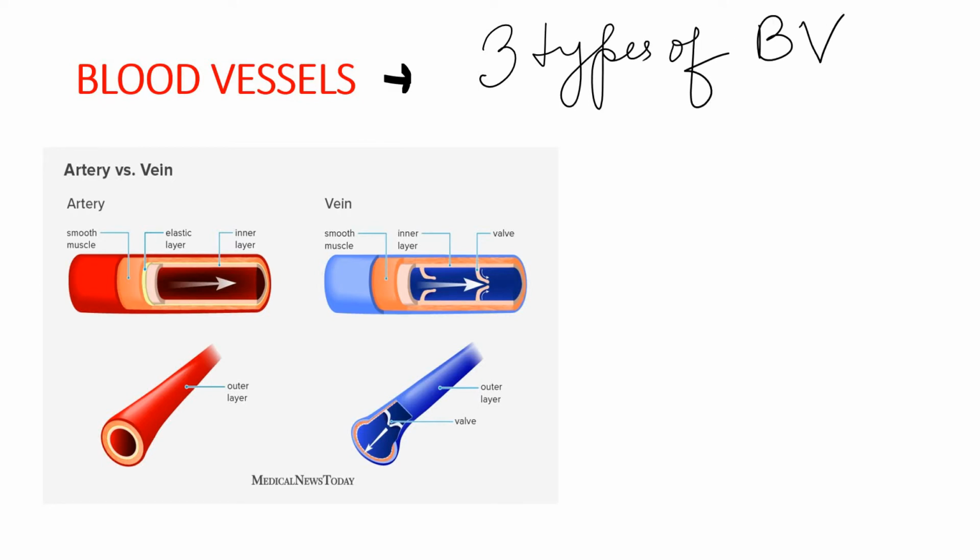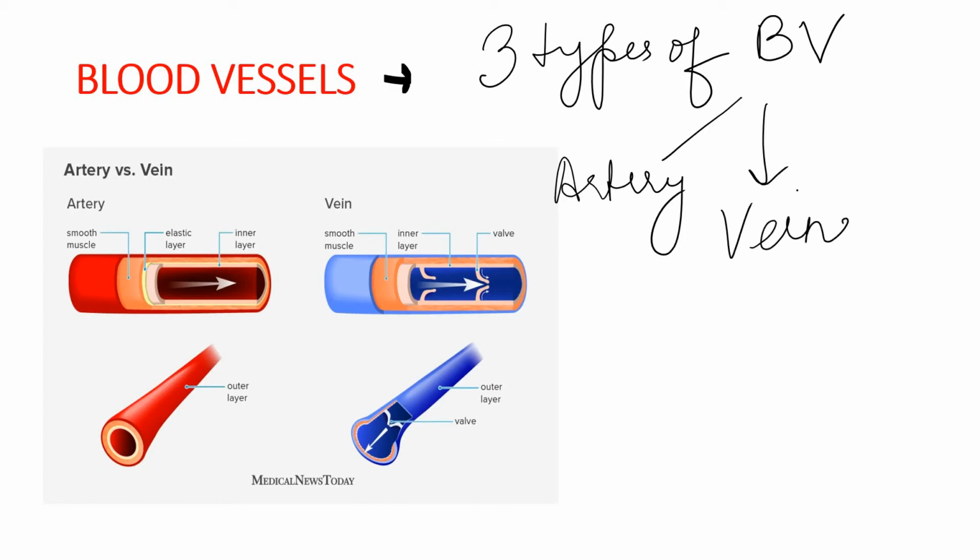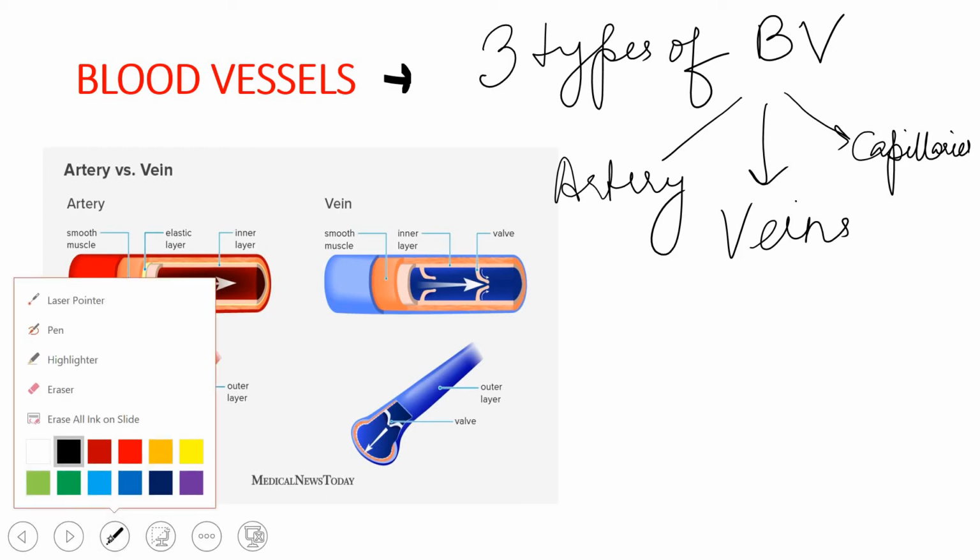I'm writing it in short. BV means blood vessels. Number 1, artery. Number 2, veins. And number 3, capillaries.